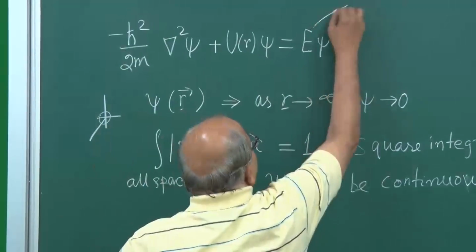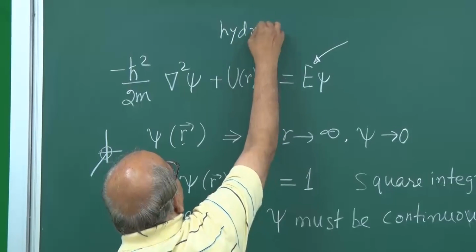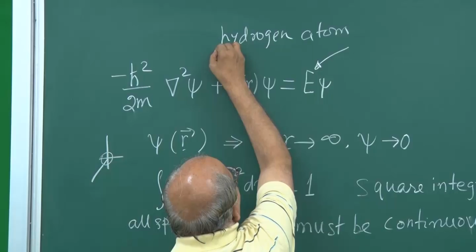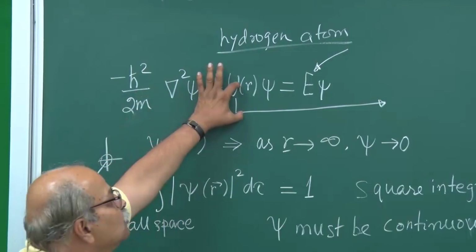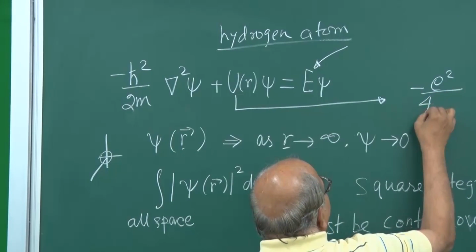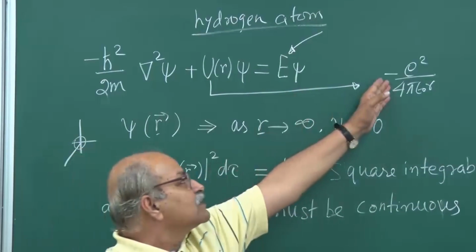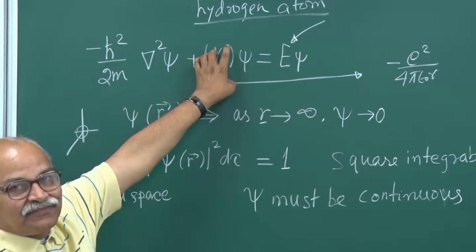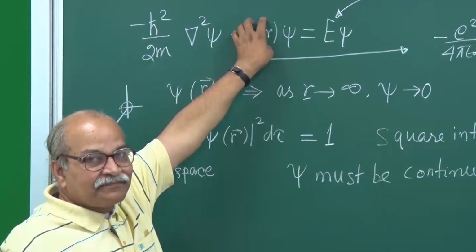Suppose I am talking of the hydrogen atom, the electron in a hydrogen atom. That means this U(r) that I am writing is minus e square over 4 pi epsilon naught r. If I am talking of something else, then this U(r) will be different.